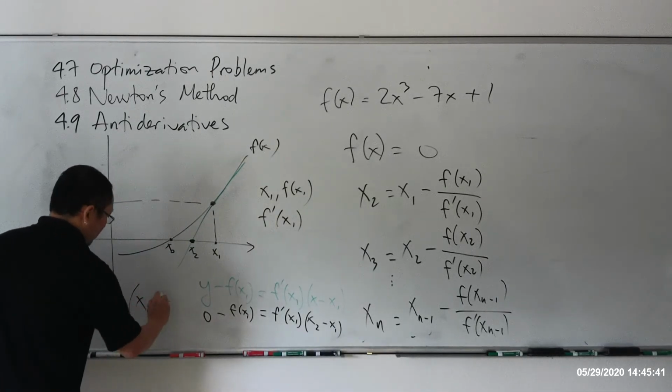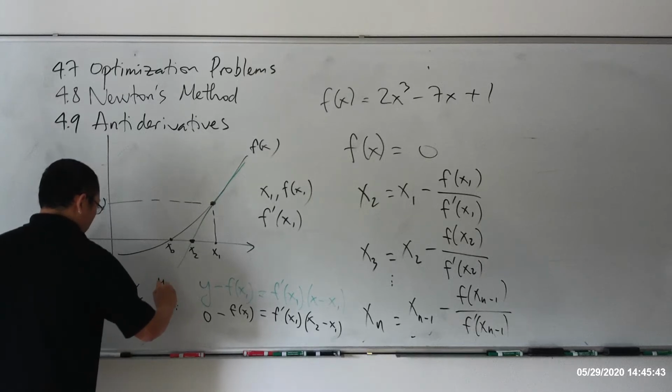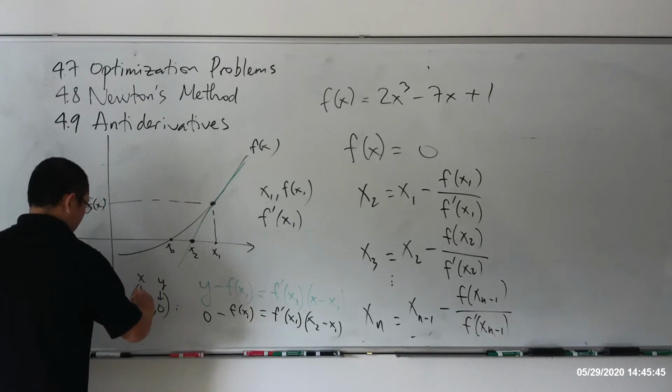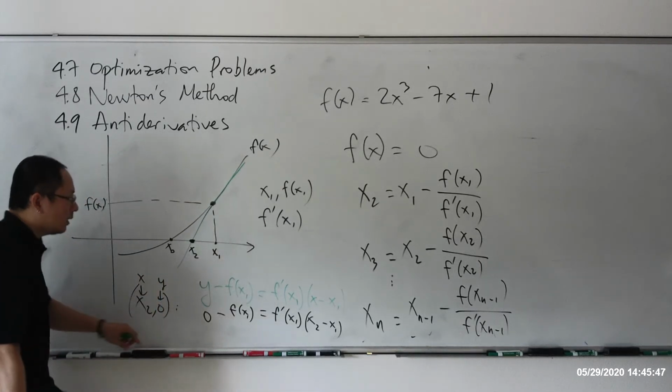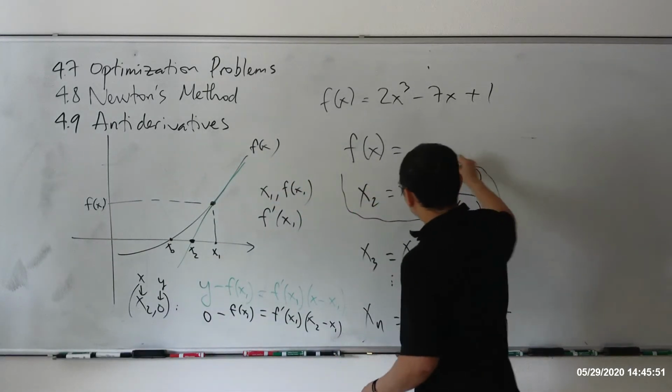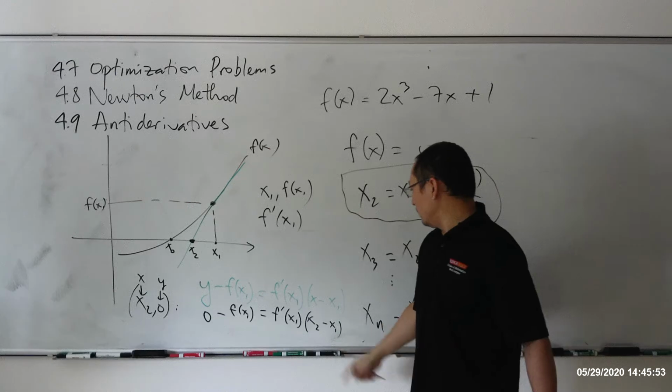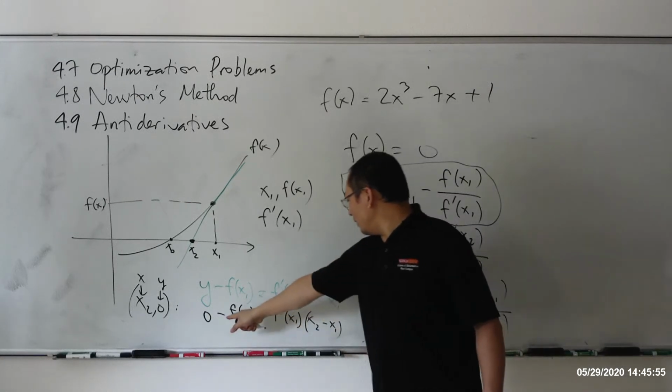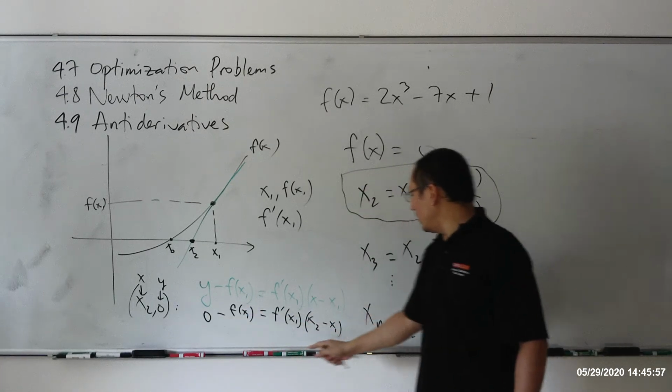Right? So y here is 0, and x here is x2. You plug in, you have this equation right here. All right, solve for x2. Divide by f prime on both sides and then add x1, you got x2.